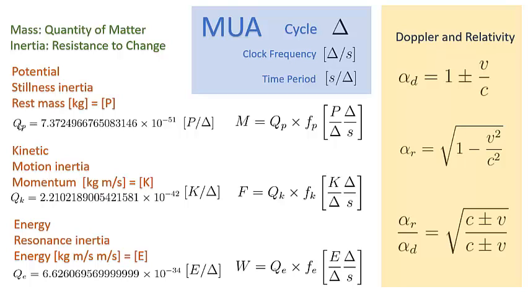You could also think of it as the quantum of stillness inertia, rest inertia, or the quantum of rest mass. Okay, and there's the companion equation that we're going to use that uses this quantum constant and a frequency of some sort to calculate the mass, the rest mass of a particle, the potential, the stillness inertia, however you want to see it, of a particle.